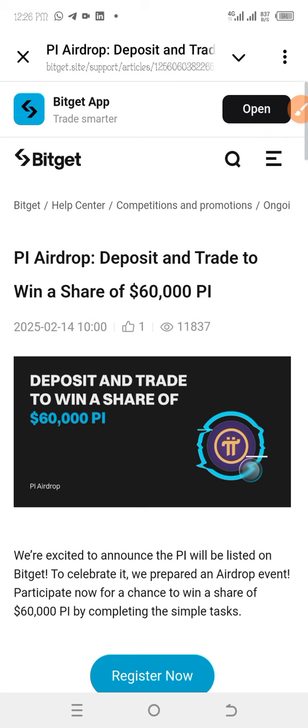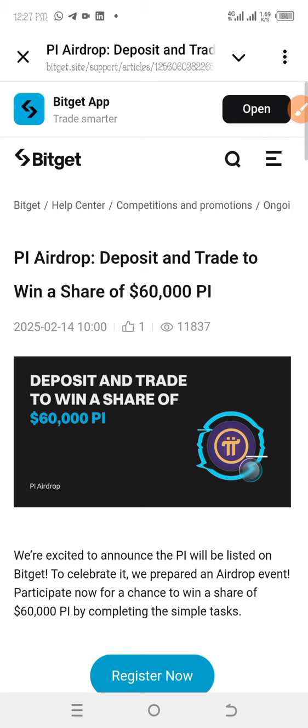The Bitget platform made an announcement on 14th of February 2025. Though I never wanted to talk about it, I think this will be a very good opportunity for new users to get the benefit of a new coin on a new exchange.